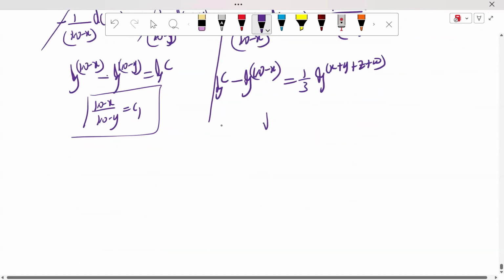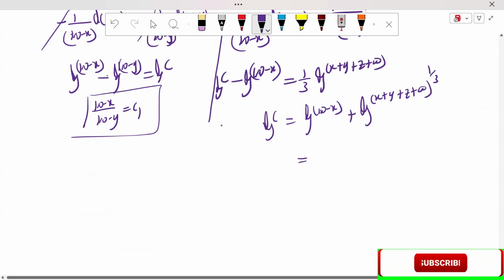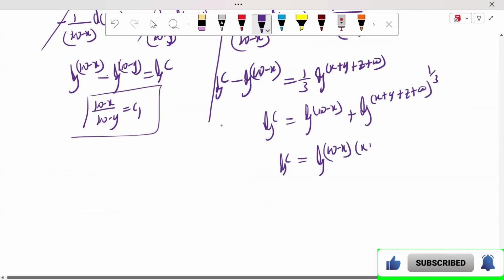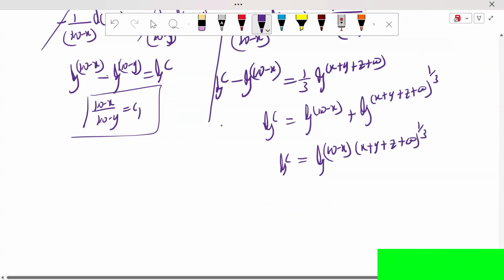So it is nothing but log c is equal to logarithm of (w minus x) plus logarithm of (x plus y plus z plus w) whole power 1 by 3. So finally, log c is equal to logarithm of (w minus x) into (x plus y plus z plus w) whole power 1 by 3.